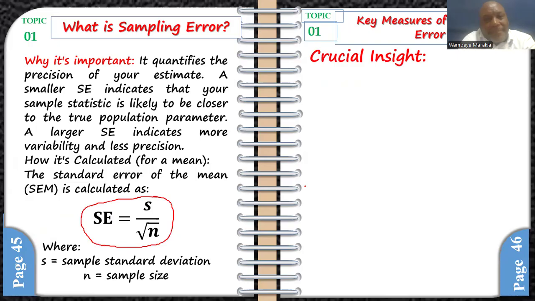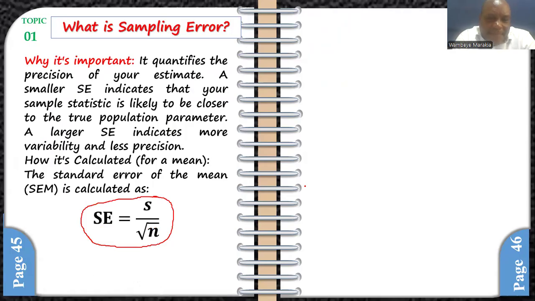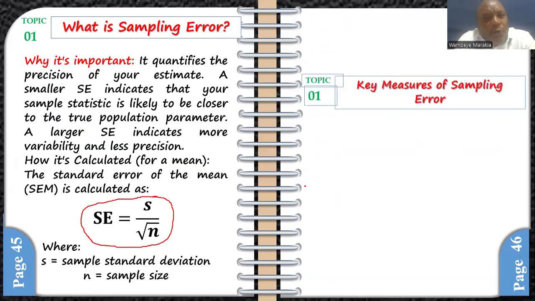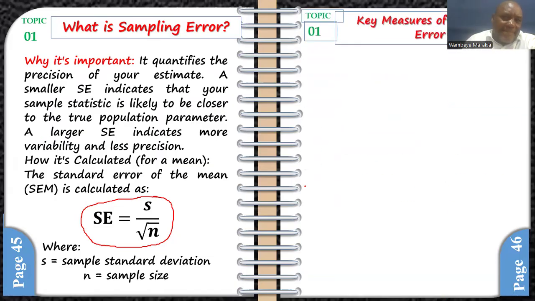This formula is very important. Standard error equals the sample standard deviation all over the root of the sample size.